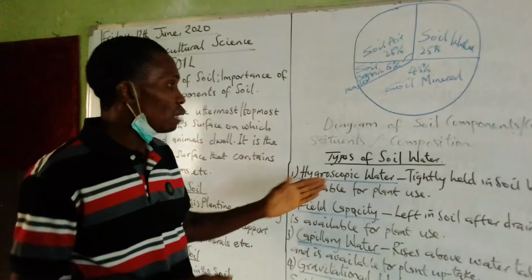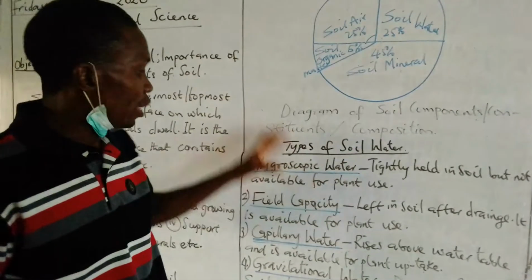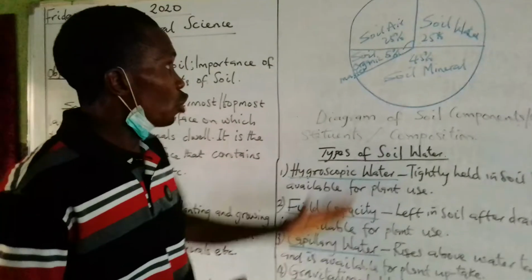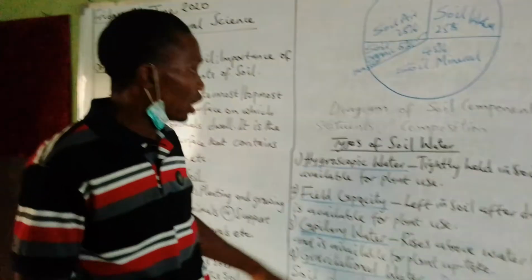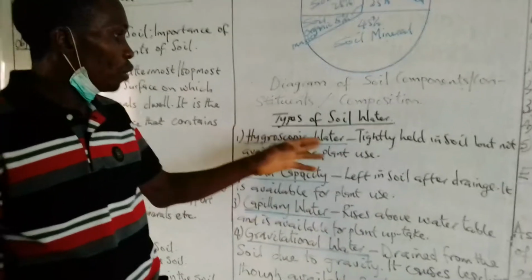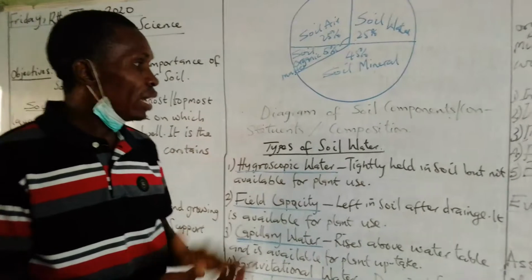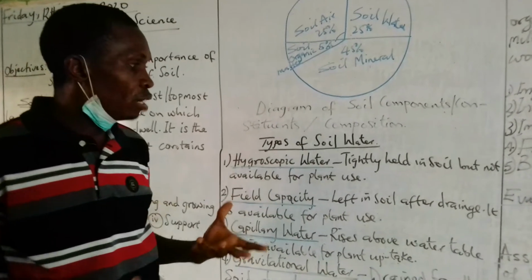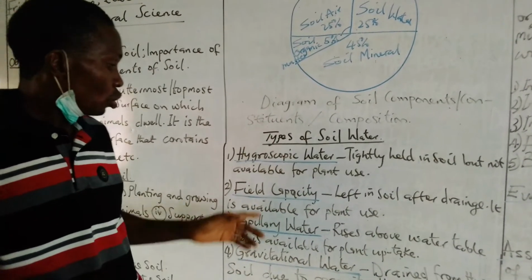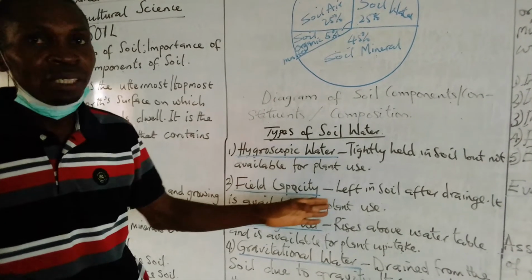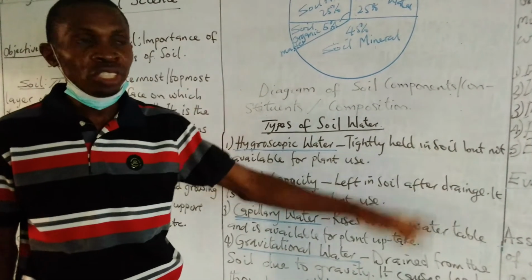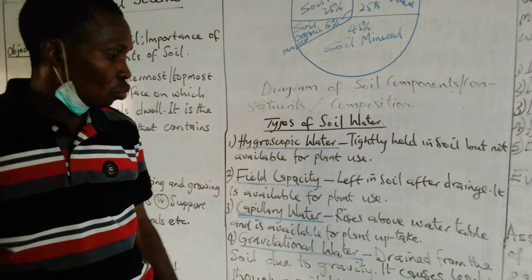Now, types of soil water are very important. That is why I have to isolate it. Soil water has various types. You have hygroscopic water. This is tightly held in the soil, but not available for plant use. You have field capacity, what is left in soil after drainage; it is available for plant use.